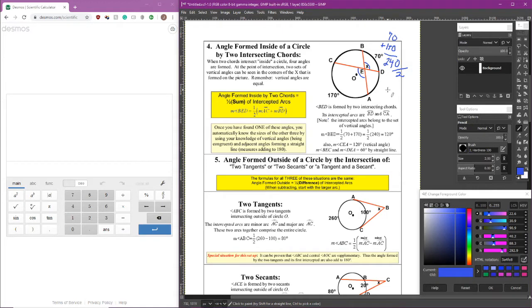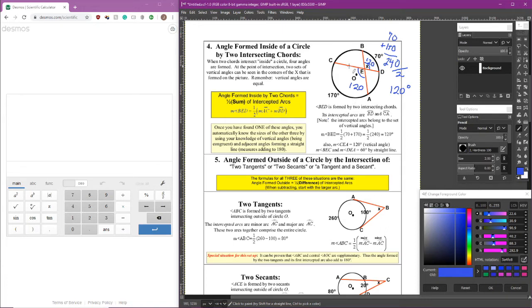That means that we end up with 120 degrees. So this one right here, angle AEC, however you want to say it, that's 120 degrees. And so is this one. They're both 120.